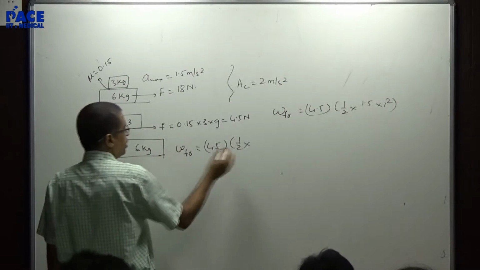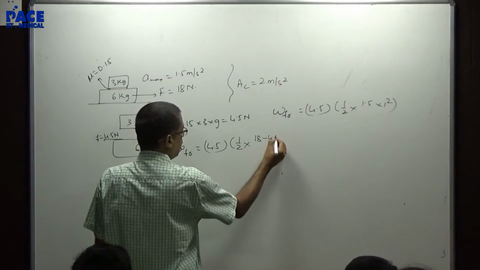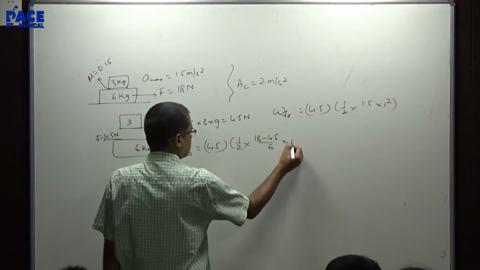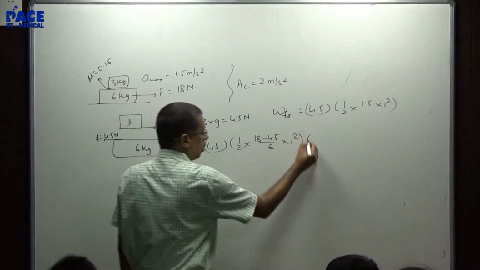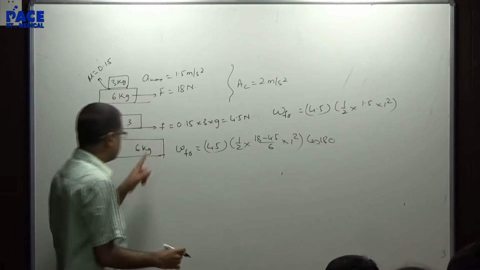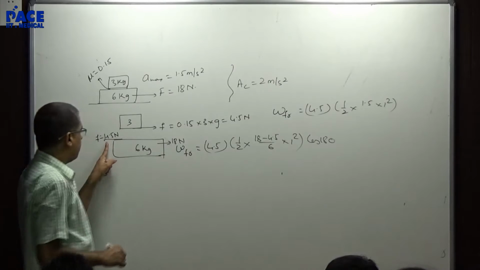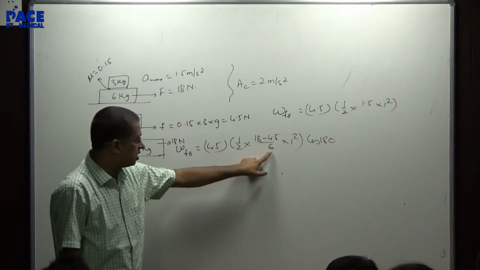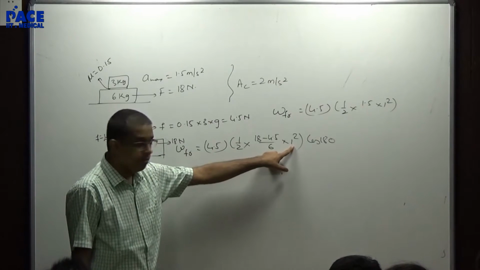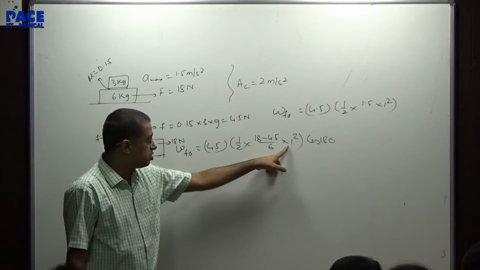What is the acceleration of this? 18 minus 4.5 by 6, cos 180. The acceleration of this block is, I am pulling it with 18 Newton, minus 4.5, by 6. The displacement is half a t square.